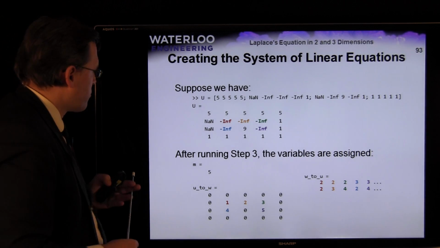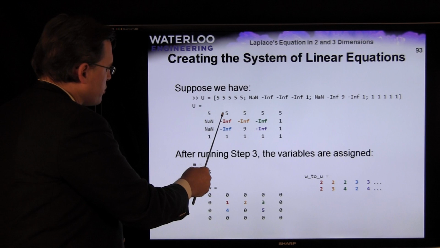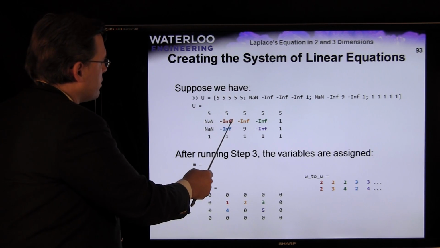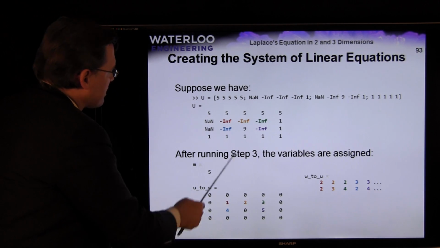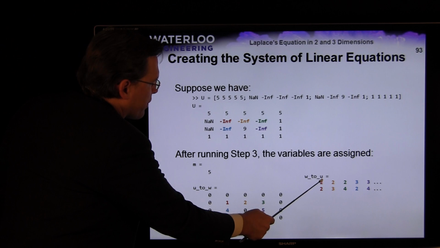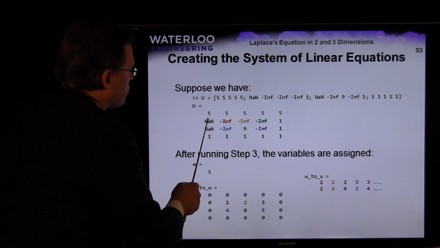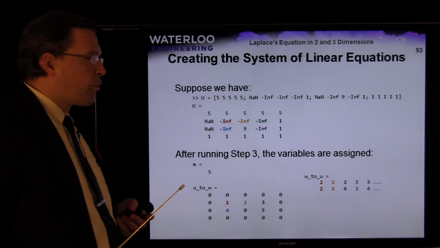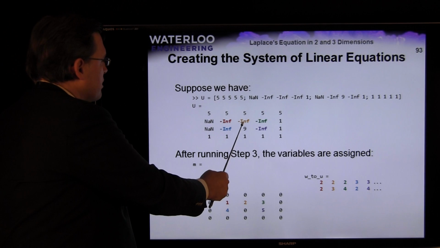Why is it that way? Well, we've gone through here, and stepping through, we find that, oh, we have a negative infinity here. So we'll set this as the first point that's at negative infinity, and the first point, if we want to know where it's located, is 2, 2. Going through as well, the next point here is negative infinity at this location.